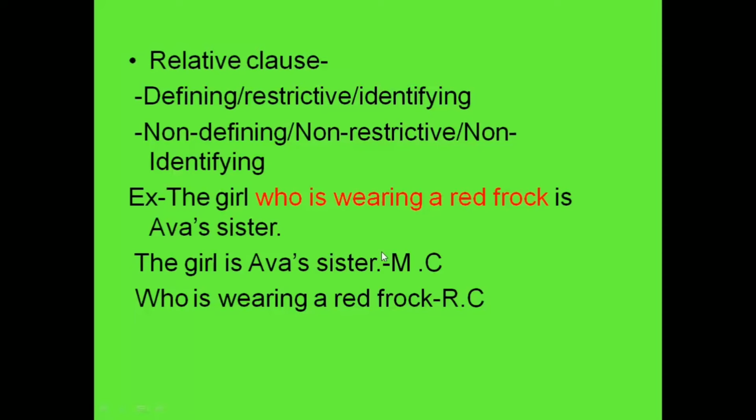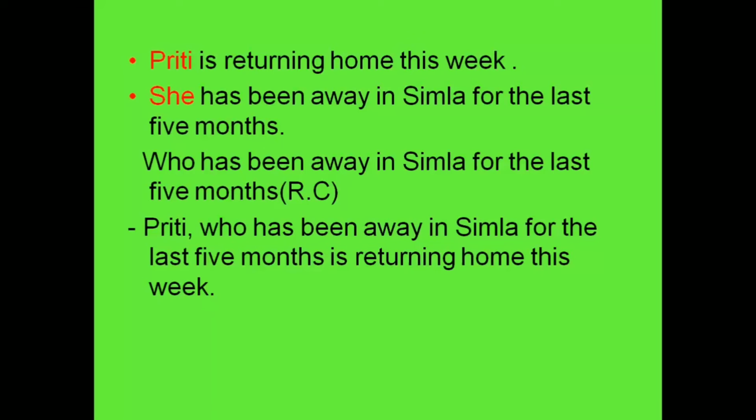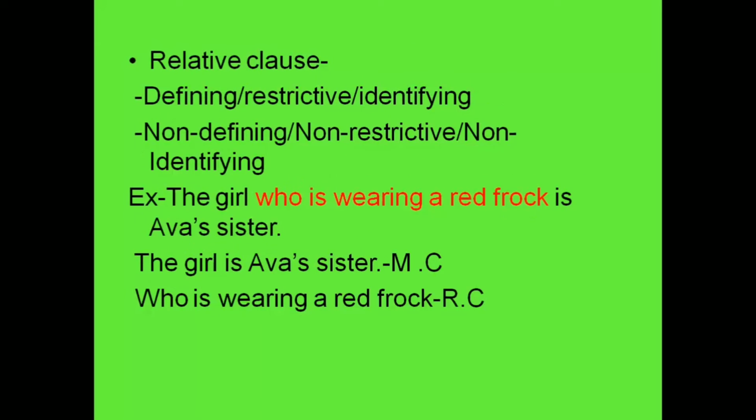The girl is Abha's sister is the main clause. This is an example of an identifying relative clause. This clause defines, identifies its antecedent, the girl, and the determiner used in the antecedent is usually the, not my or your, etc. So the relative clause which gives essential information about a noun is called an identifying relative clause.